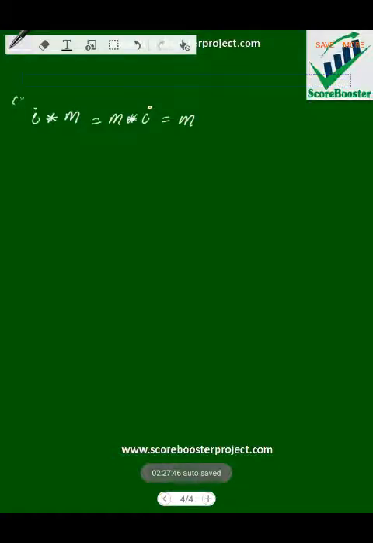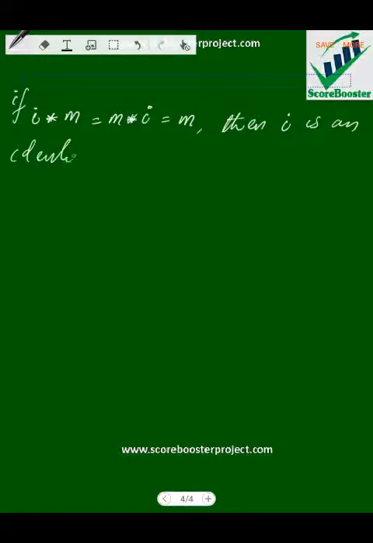So for a general definition, we say if I star m is equal to m star I and is equal to m, then I is an identity element. This is all about the third definition.